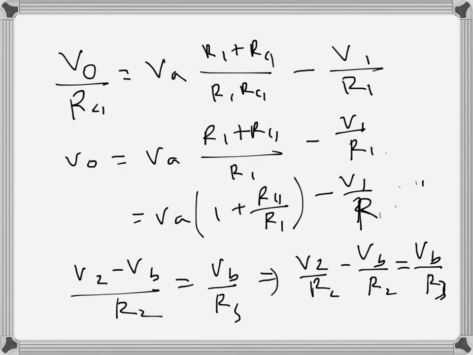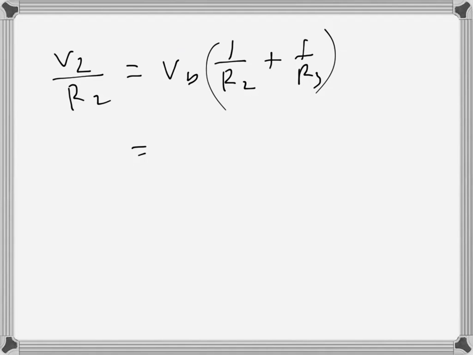If I rearrange this like the previous one, this can be VB times (1 over R2 plus 1 over R3), equal to V2 over R2.